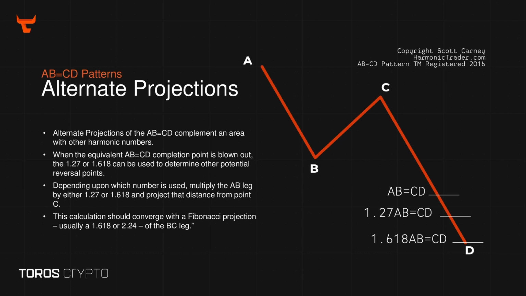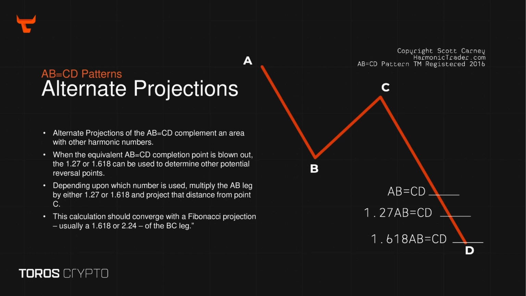In this case, we do have some alternate projections, and to create the alternate projection, what you would do is multiply the AB leg by either 1.27 or 1.618. You would then project that distance down.